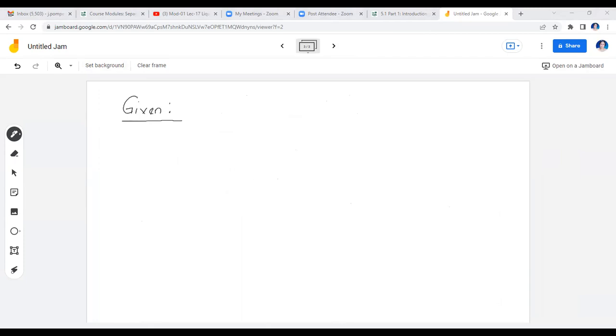What information are you given? 200 kilograms of L sub O having 25 weight percent acetic acid. You can draw it like this, or you can have it drawn in the form of a column.